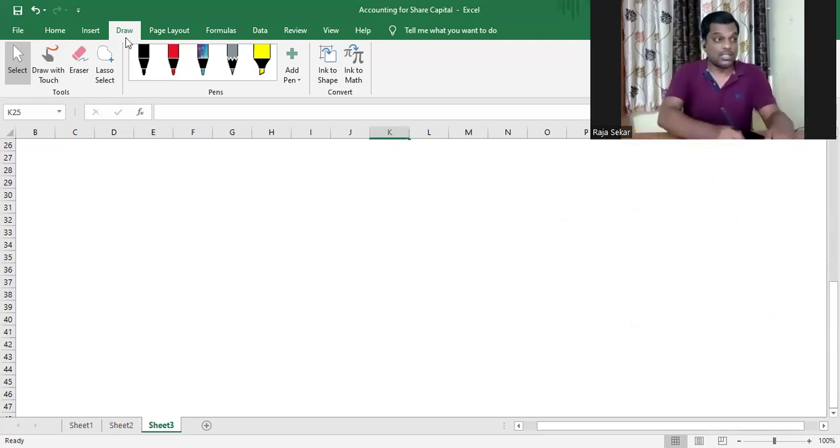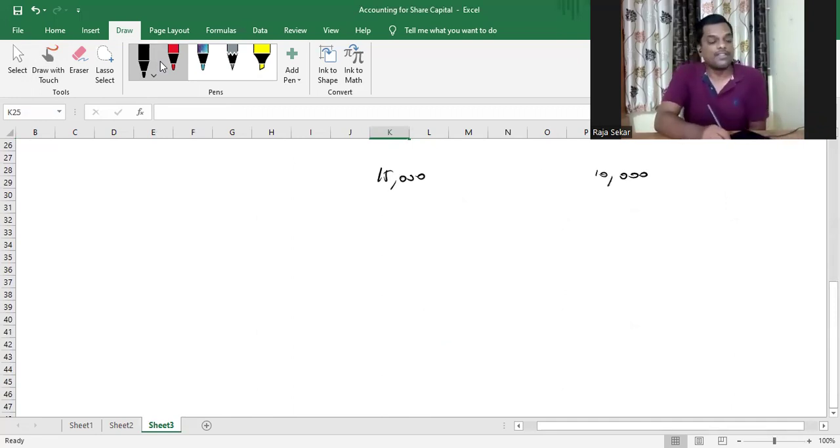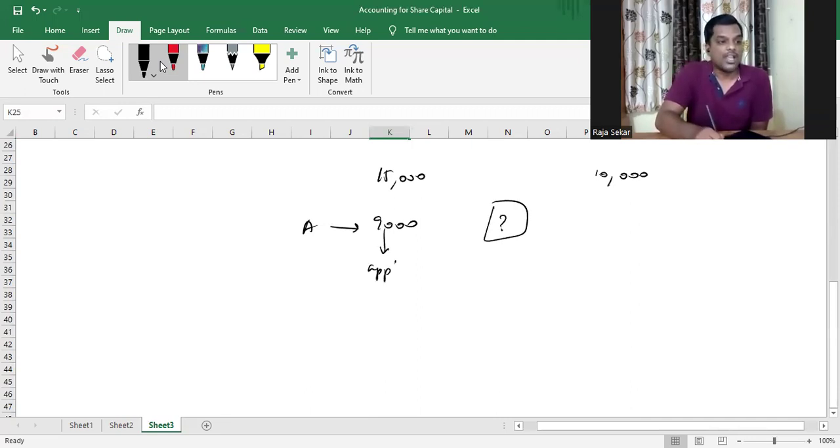In this case, for instance, the total number of applications that the company received is 15,000, and the total number of shares allotted is 10,000. Assume in the question they've given that A has applied for 9,000 shares, and they want you to find out the number of shares allotted to A. Applications are given, and they want you to find the total number of shares allotted to A if pro rata allotment has been made.